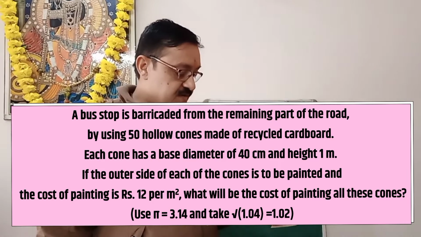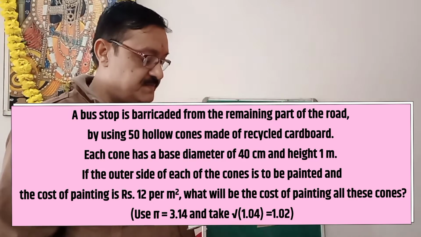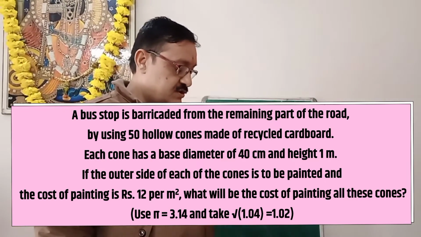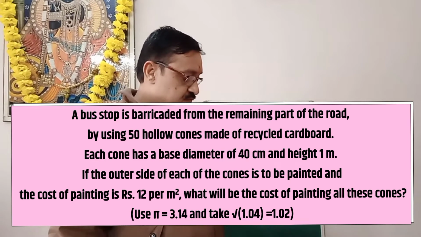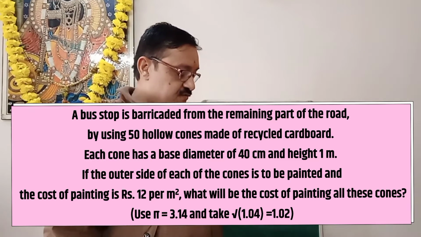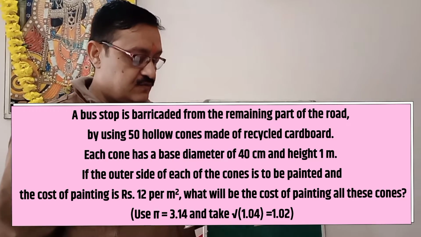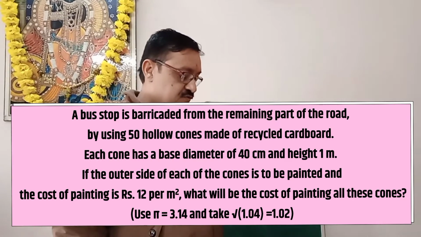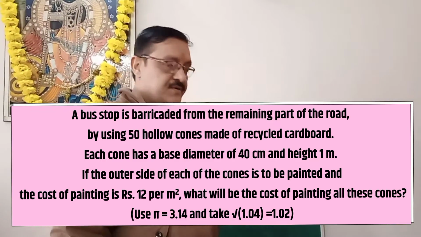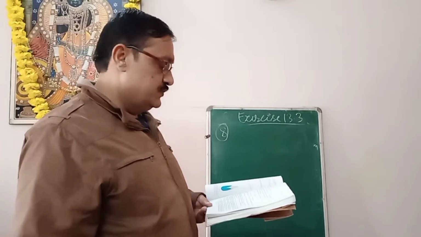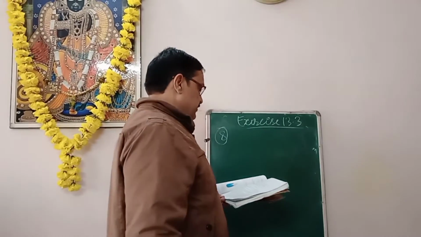If the outer side of each cone is to be painted and the cost of painting is rupees 12 per meter square, what will be the cost of painting all these cones? Use pi is equal to 3.14 and take under root 1.04 as 1.02. This is given in the question.